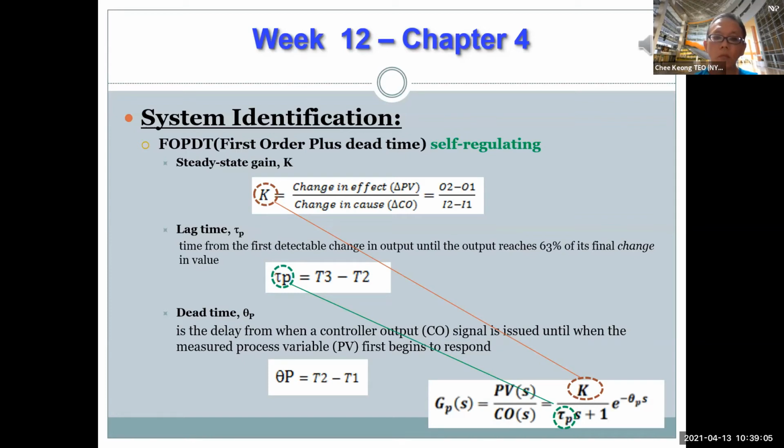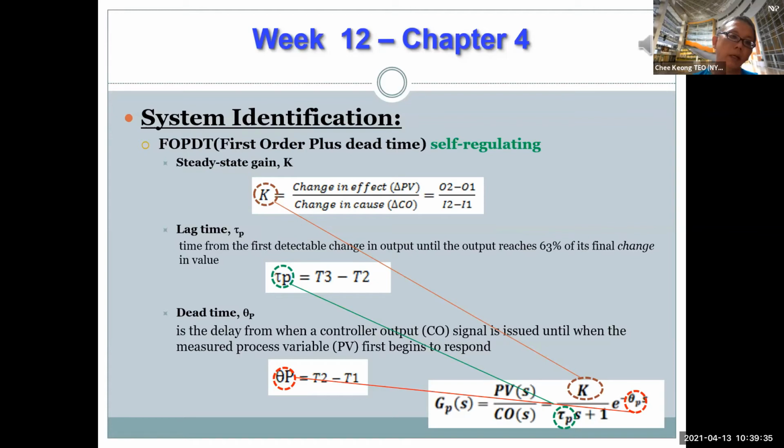Lag time tau is taken at 63.2% of PV reaching final value. That is T3 minus T2. Final parameter, dead time as mentioned before, will be the idling time from the start of CO trigger till the first response of PV. This will be T2 minus T1. Note that to construct GPS, lag time and dead time need to be converted to minutes.